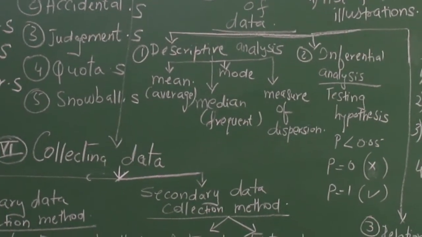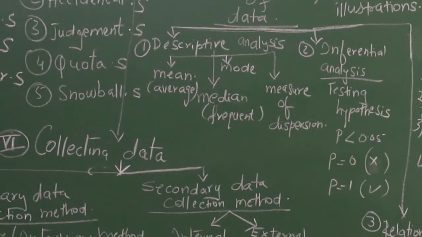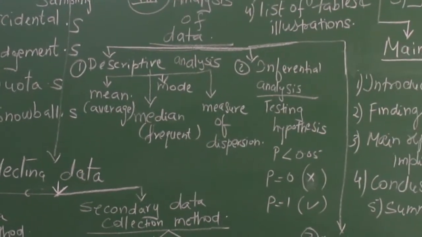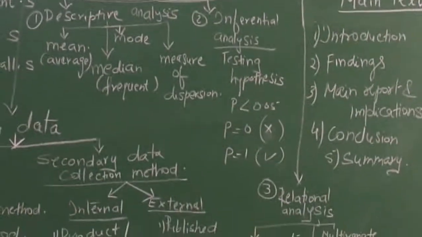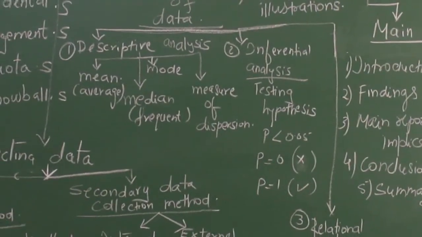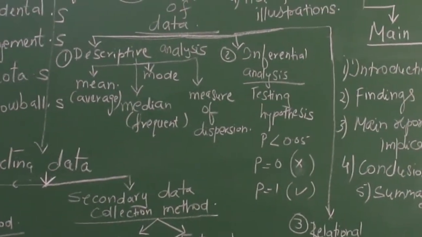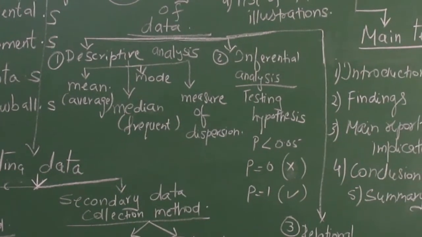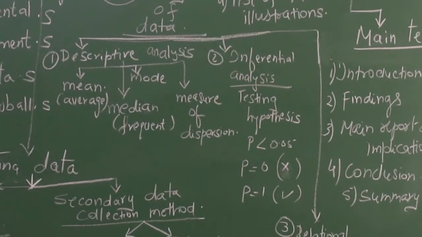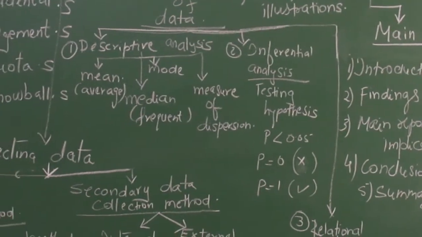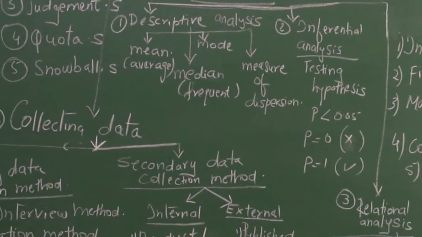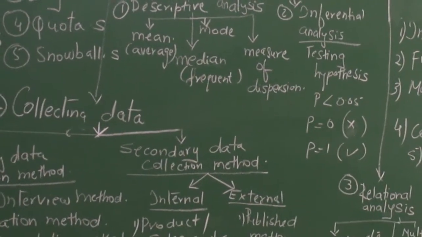Median is how frequent that number is coming. Mode, measure of dispersion, how far it is away from the central point, how much of a dispersion it is. All this is a descriptive analysis.